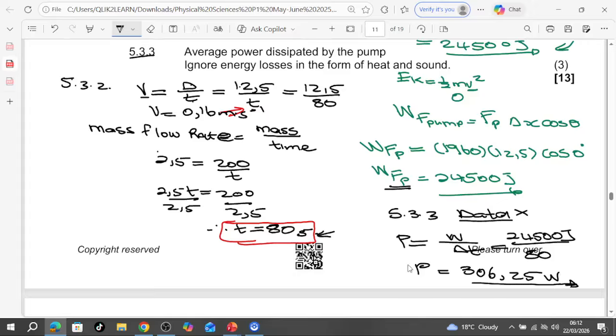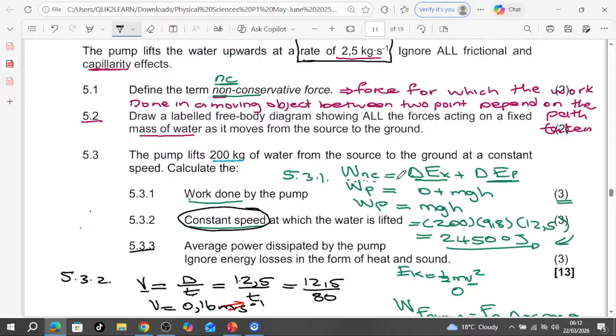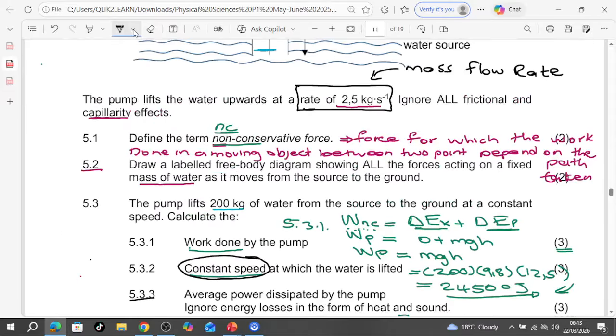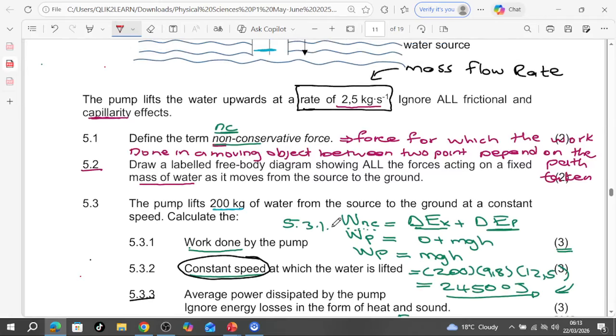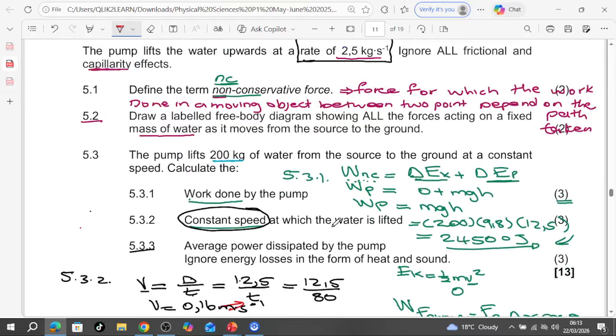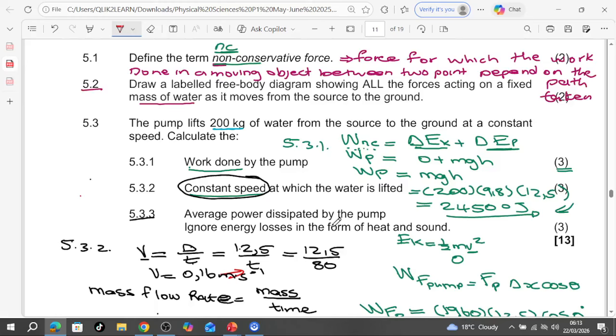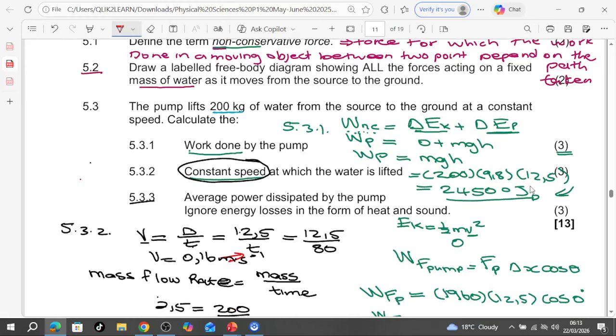So guys, the reason the questions are easy, I think you can agree with me. But when we talk about why it is so difficult for us to get the marks we are looking for, look at this. When we started doing the calculations, we calculated the work, which is 24.5. Let's say we make a mistake somewhere on this 5.3.